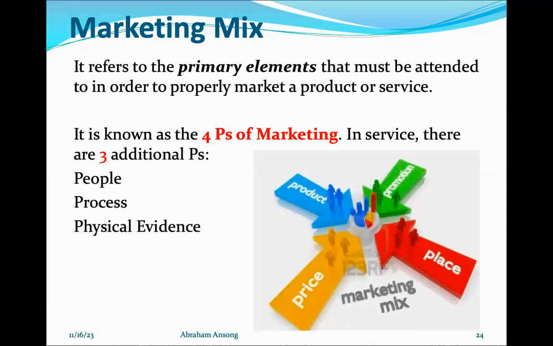So we'll be giving much more detail about them in subsequent slides, but you just have to pay attention that when it comes to services, it is not enough to have a product, to have a good price, to know how to distribute and promote it, but you must also be interested in people, process, and physical evidence.